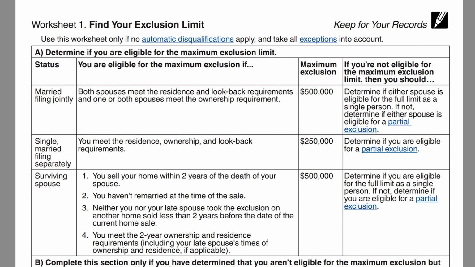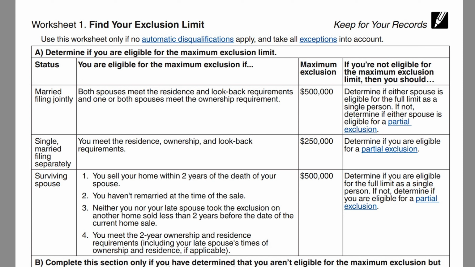We're going to go over that in some depth because most people know about being able to take the maximum exclusion, but it's not a binary situation. Even if you're not eligible for the maximum exclusion, you still might be eligible for a partial exclusion. So we're going to go through that as well.